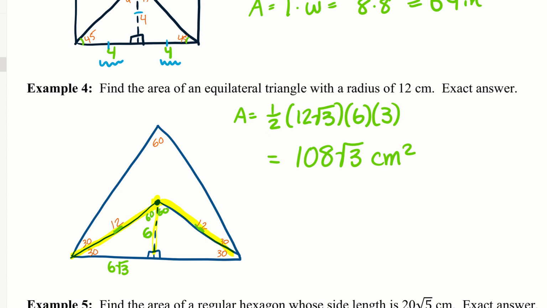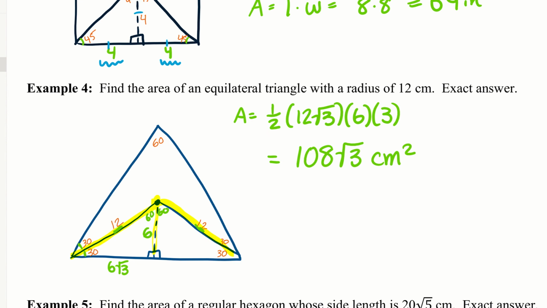Then because I have an equilateral triangle, I know that the corners of my triangle are 60 degrees, which means these angles down here are going to be 30 degrees since our radius is always going to cut that angle in half, which means I have a 30, 60, 90 triangle with a scale factor of 6. So since my apothem is across from my 30 degrees, that means my apothem is going to have a length of 6.